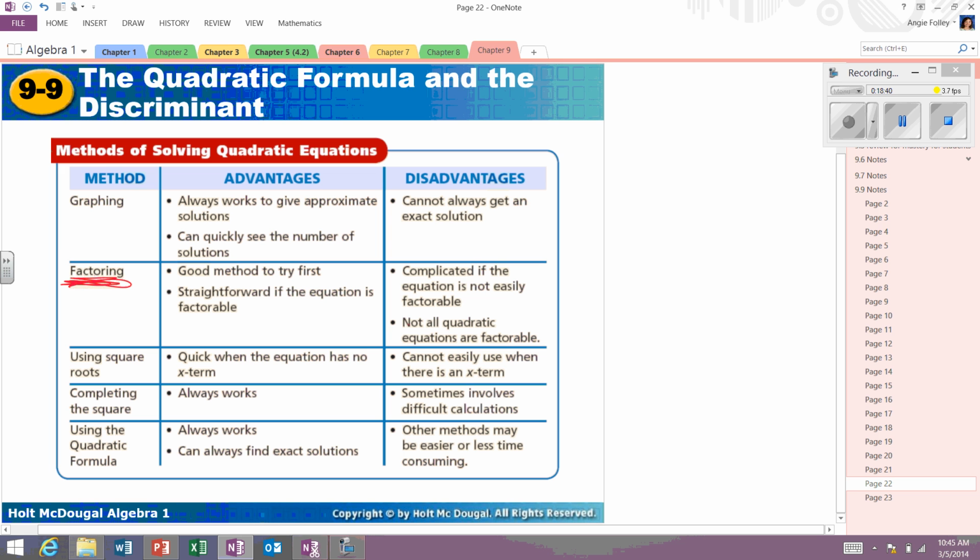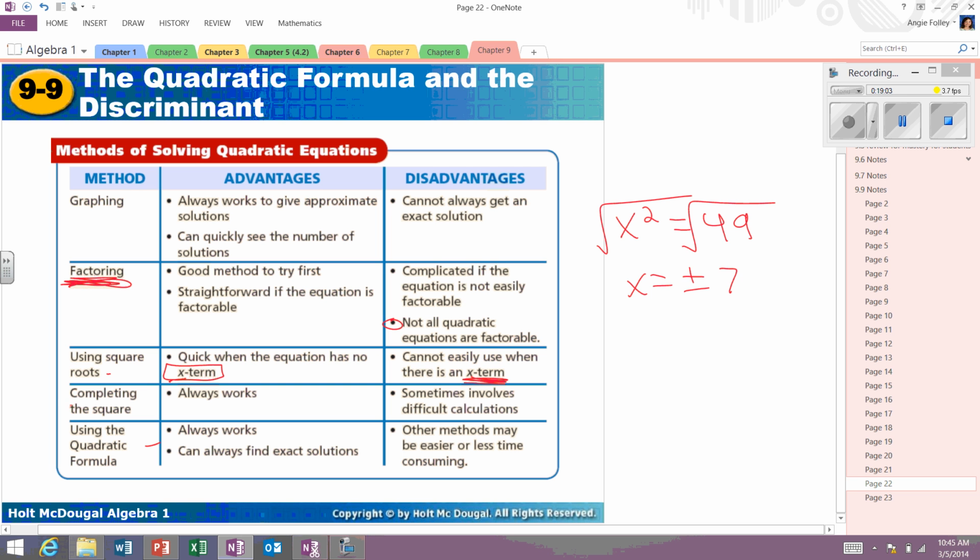The only bad thing is not all equations are factorable. With the square root property, remember, if we get x squared equals 49, we can take the square root and x is equal to plus and minus 7. That only works if you don't have an x term, a b term. If you do have that, you can't use this.